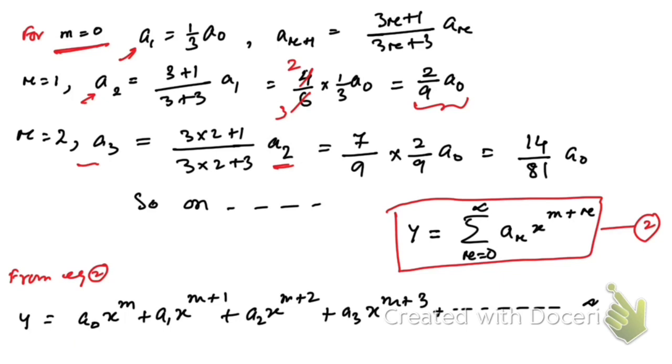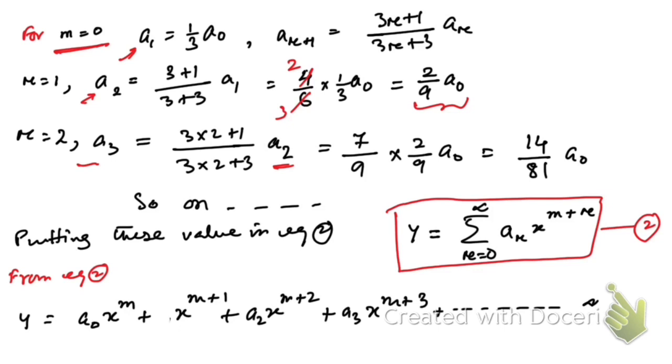So what we're going to do, we will write here, putting these values in equation number 2, what we can write. So just replace the a naught by its value. a naught remains a naught.